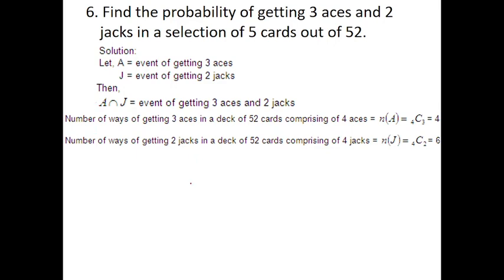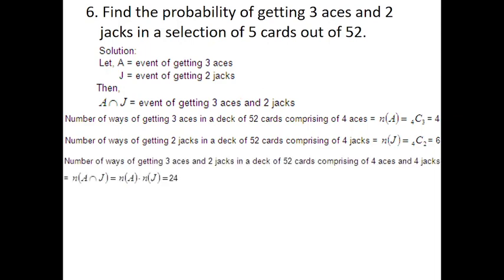So, in this case, we have to find the probability of getting 3 aces and 2 jacks. So, yung probability na yan, mako-compute mo, ganito lang ating solution. I-compute muna natin yung number of ways of getting 3 aces and 2 jacks in a deck of 52 cards, comprising of 4 aces and 4 jacks.